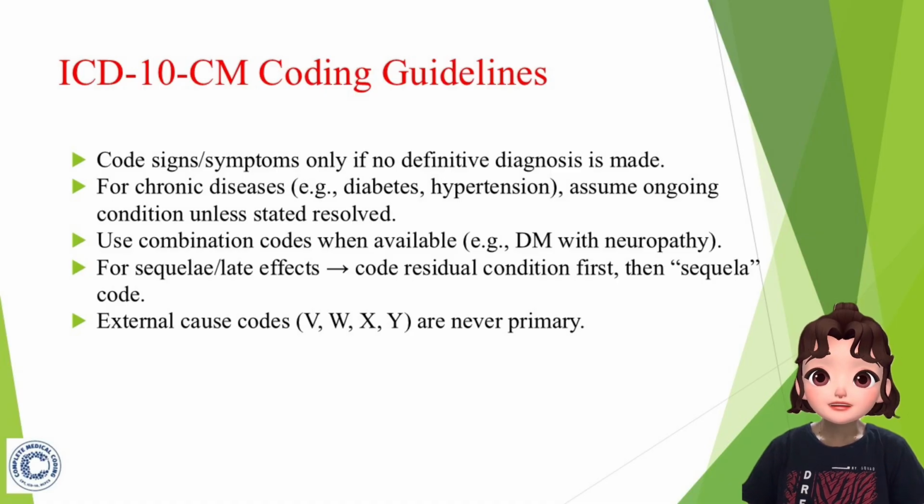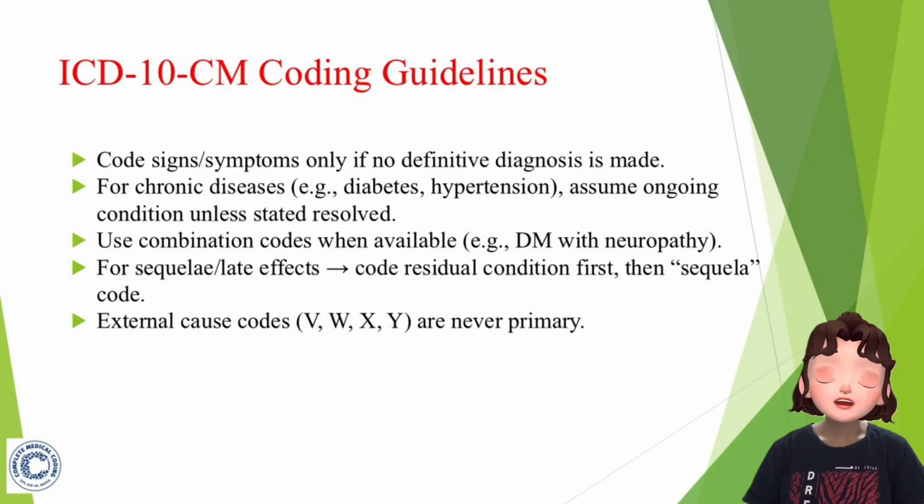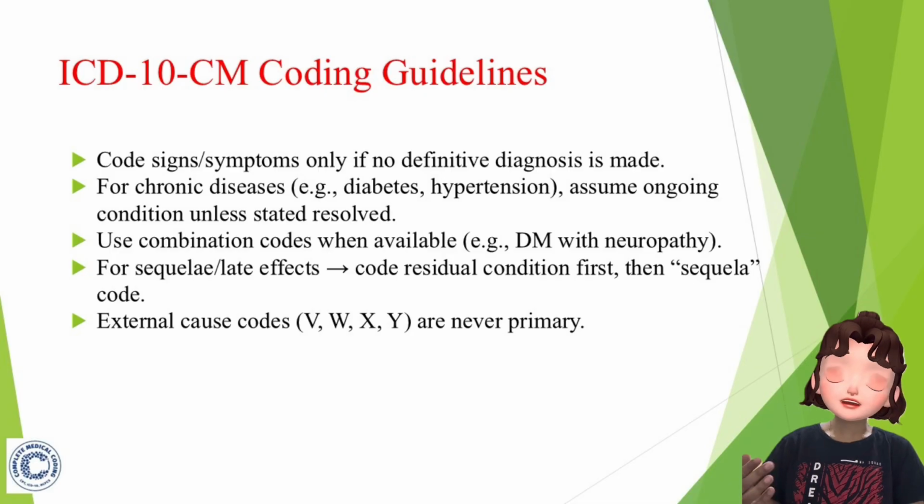Now, for chronic diseases, examples diabetes or hypertension, assume an ongoing condition unless stated resolved. So, an ongoing condition has to be coded unless it is resolved. For chronic conditions like diabetes, you will get a lot of codes that come under diabetes. You will get lots of codes that come under hypertension.